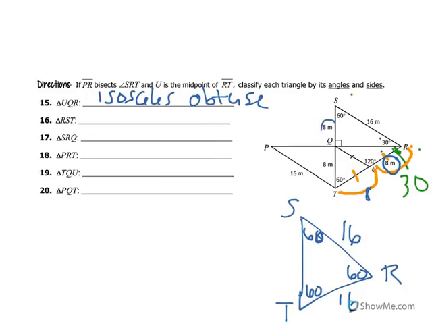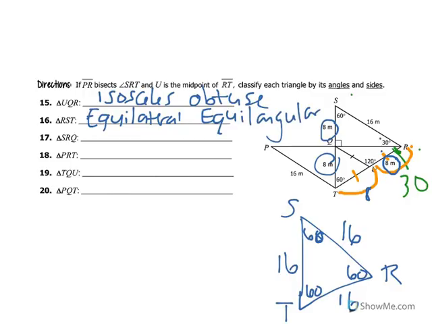This side is 16. 8 and 8. This is 16. So it's equilateral and equiangular, because all of the angles are the same and all the sides are the same.